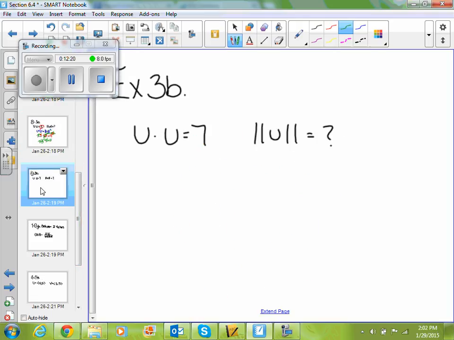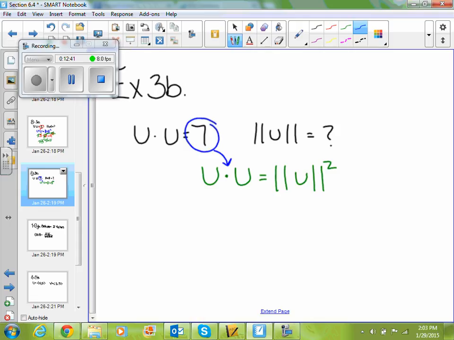Okay, so if I do the same thing for u dot u equals 7, I want to find my magnitude of u. Okay, so we use the same formula. u dot u equals the magnitude of u squared. I plug in 7 for u dot u because I know that u dot u equals 7. I get 7 equals the magnitude of u squared.